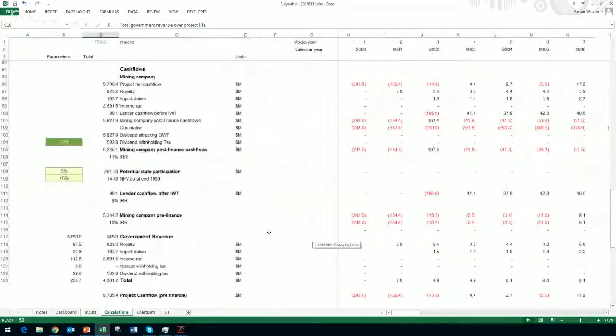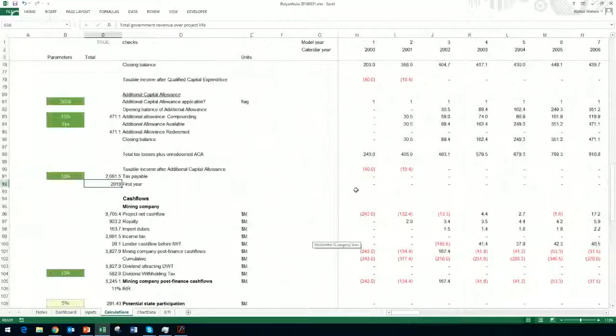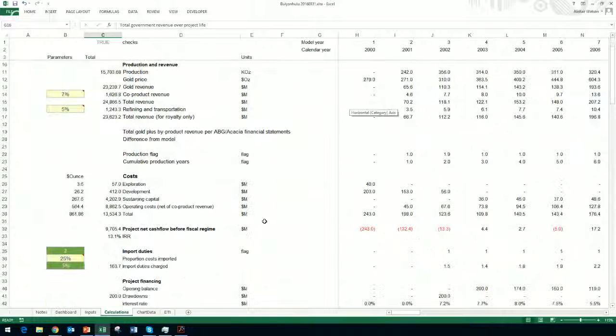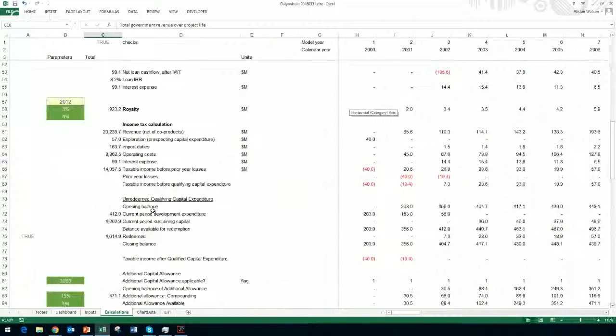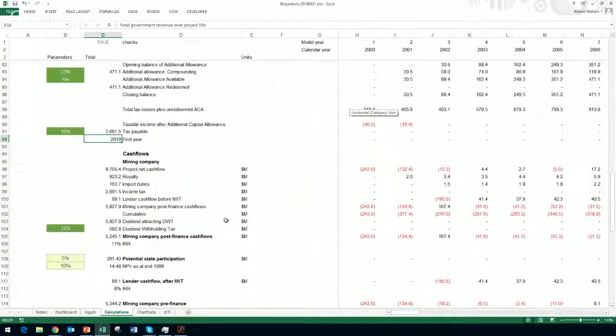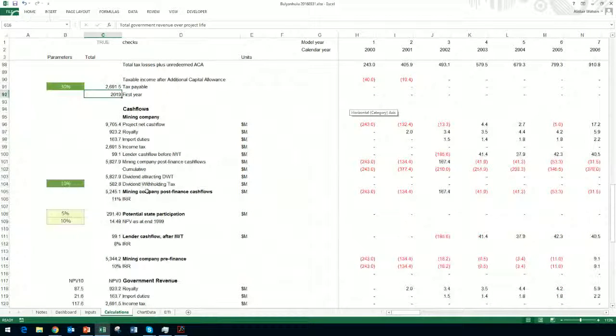Then the calculations sheet, again, as the name suggests, takes those inputs and derives the cash flows of the project over its entire life before applying the fiscal regime. Then it applies the fiscal regime that is in place for this project under the mining agreement with the government of Tanzania, and then determines the government revenues by category and the mining company's after-tax outcomes from the project.